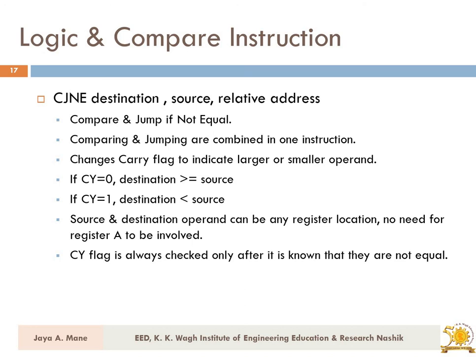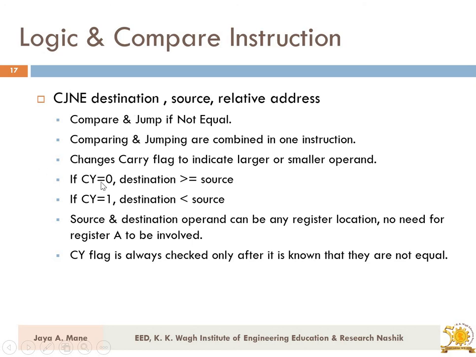It stands for compare and jump if not equal. Then you have the destination, source, and the relative address. Comparison is done between destination and source, and if these two numbers are not equal, we jump to the relative address. So the syntax is CJNE destination, comma source, comma relative address.